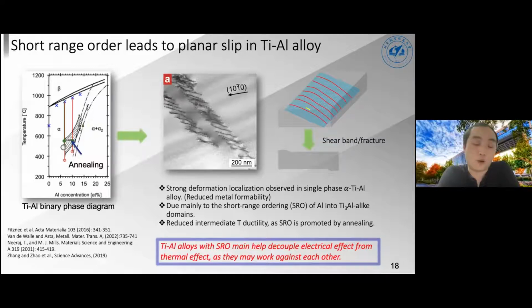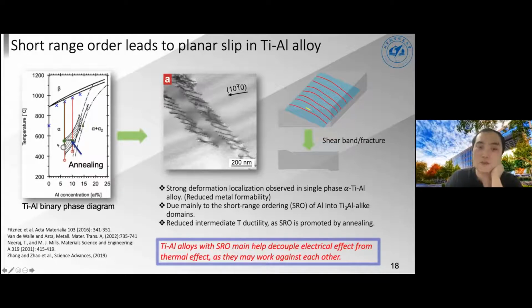The reason is the following. At ambient temperature, aluminum can dissolve in the titanium matrix to form a disordered solid solution up to 10%, above which the material starts to precipitate the DO19 titanium-3 aluminum intermetallic compound.